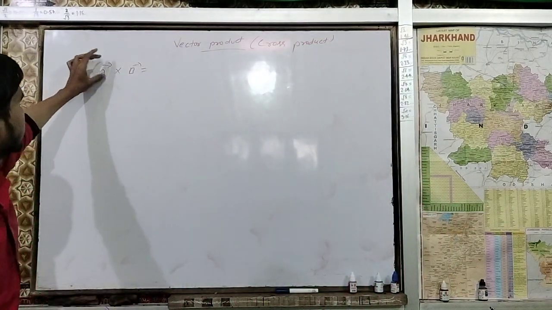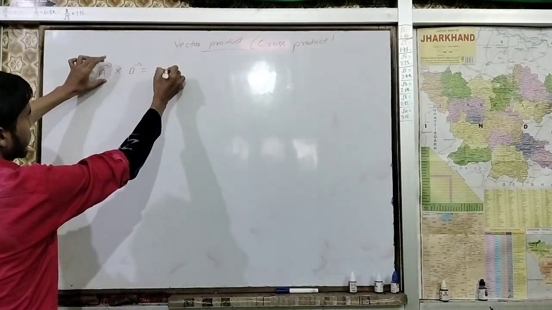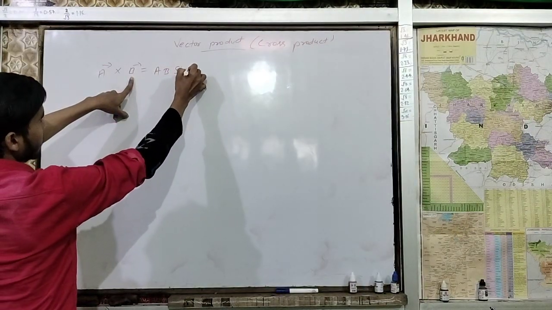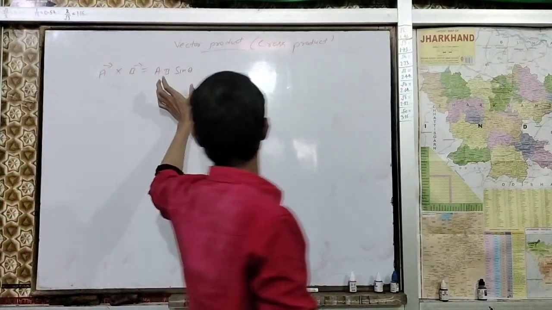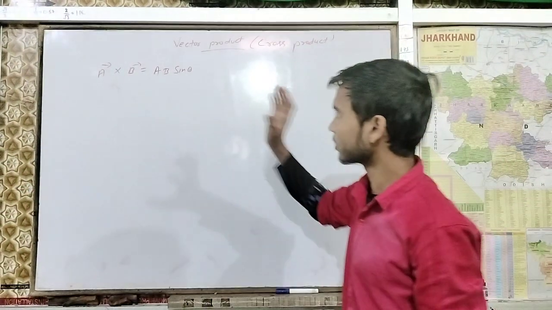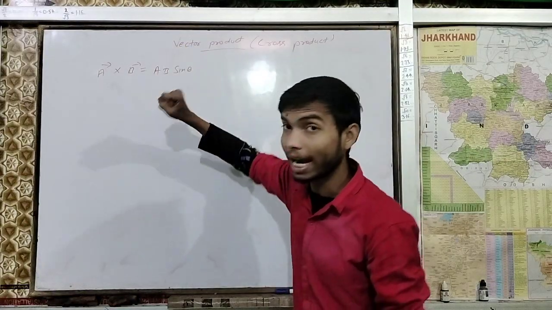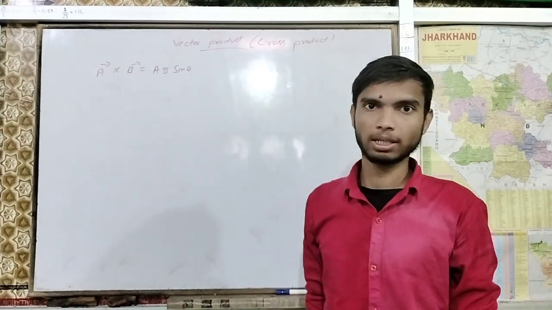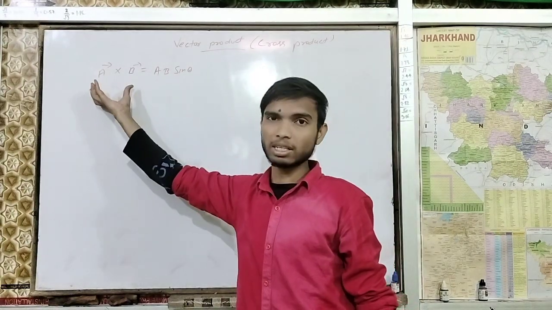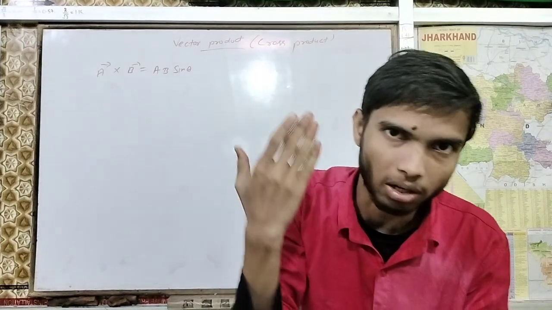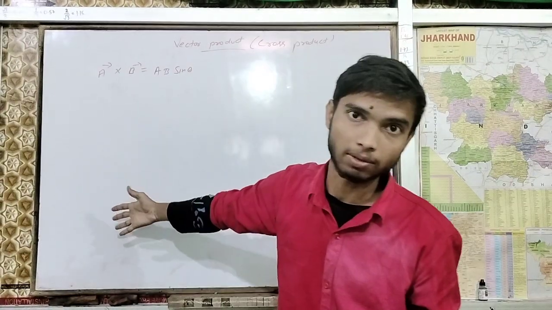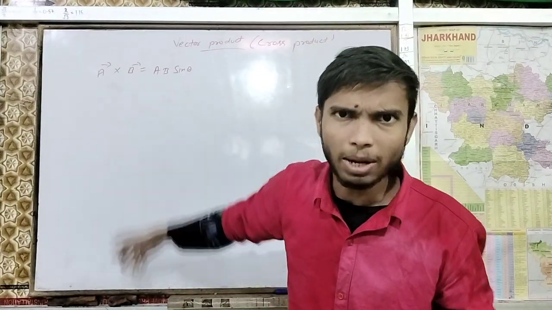So magnitude of this would be A, and magnitude of this vector would be B, and then we have sin theta. But if you do like that, this is incomplete. This is half information. At the end you will get magnitude only. But we know that if we multiply these two vectors, we should get a vector again.